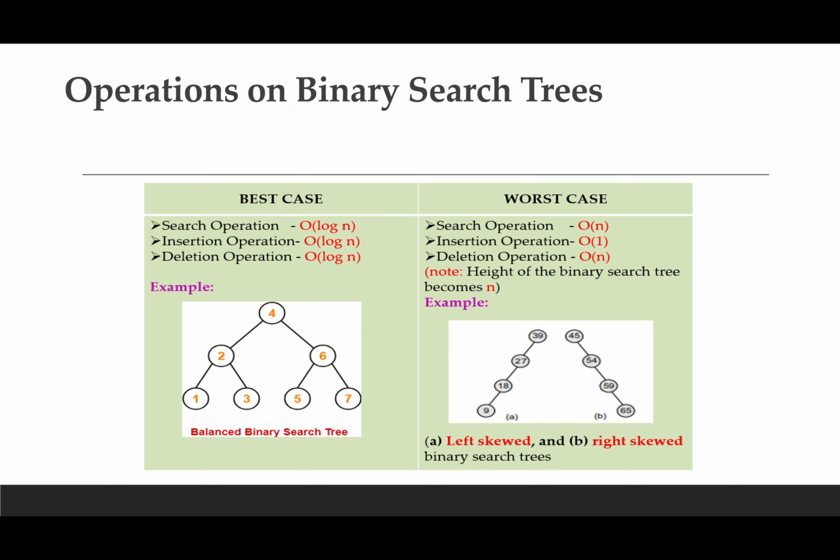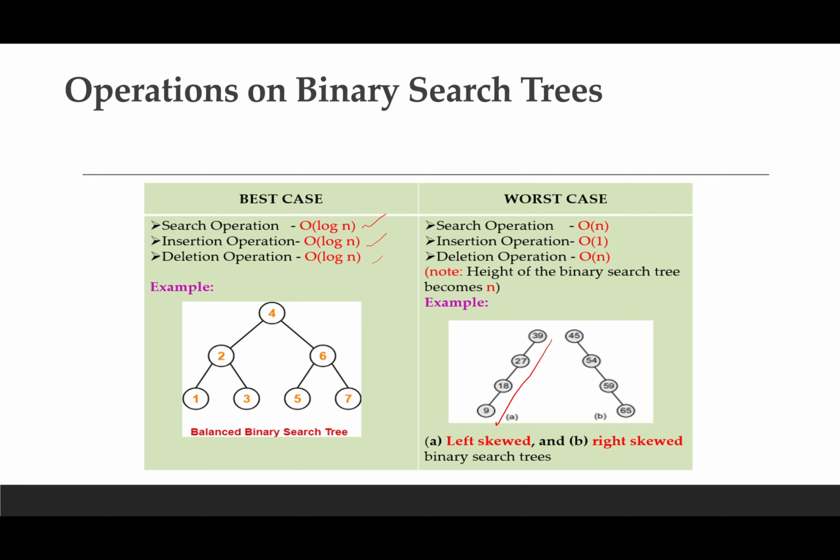When you do insertion, deletion and searching, the complexity is big O of log n for these operations. For the worst case, the height of the binary tree is n. That is, if the elements are all in the left side, it contains only left children.